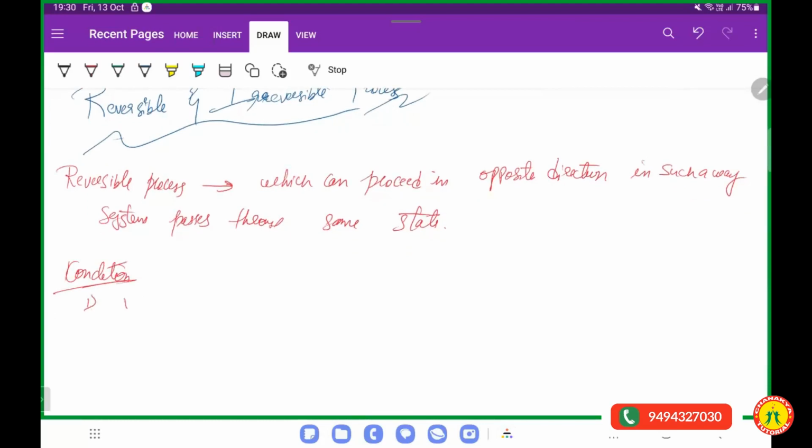First thing, it should be very slow, or let's take here, extremely slow. No energy loss. Lastly, you can say it should be in thermal equilibrium.